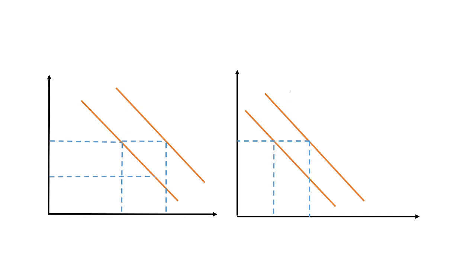Here we have two figures, and we want to consider two alternatives together. When the price of substitutes is increased, the demand for the original product, in this case Coca-Cola, is increased as well, because there is a direct relationship.